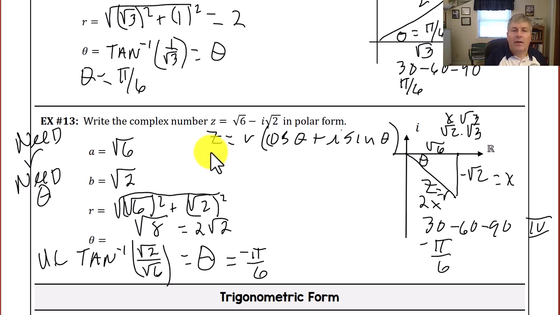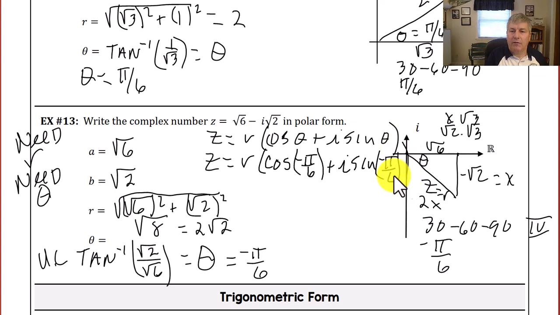So I can write this as z equals r cosine of negative pi over 6 plus i sine of negative pi over 6. You may also see that, oh, I didn't put my r in, I better fix that. My r value is 2 square root of 2, and that's always positive.